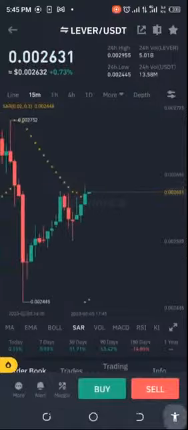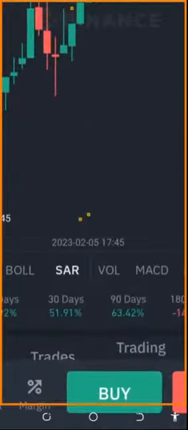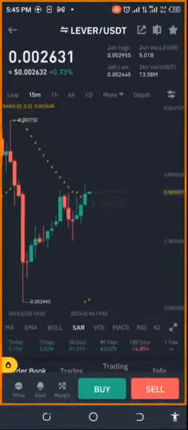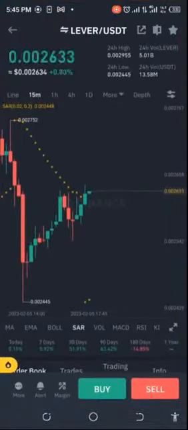Currently, if you check the parabolic SAR, it's already lifting up. So that means that it's about to push through. And I'm very certain that this is going to sell very soon. Now, can you see we're at 2635? And it's actually pushing through to probably 2640. So let's see how this goes. I'll be back to give you the results.